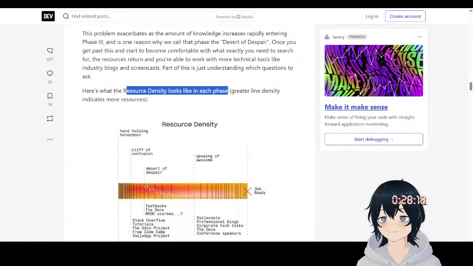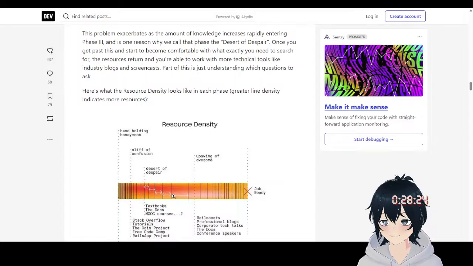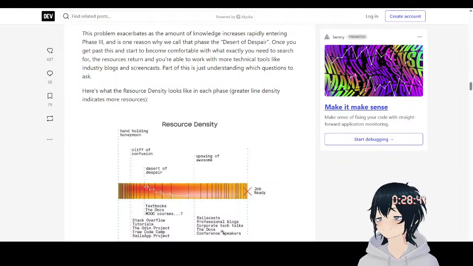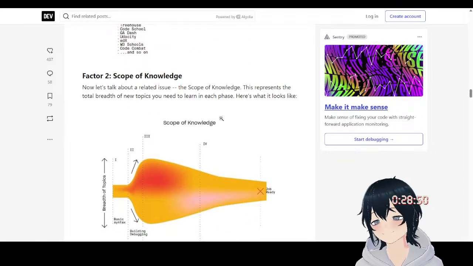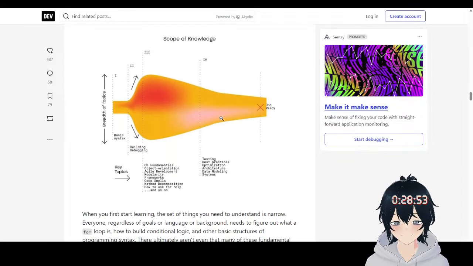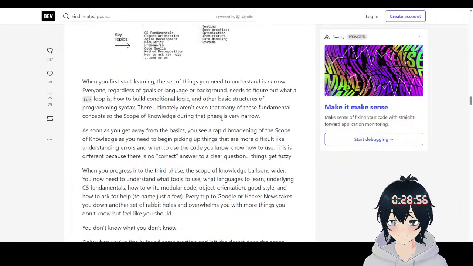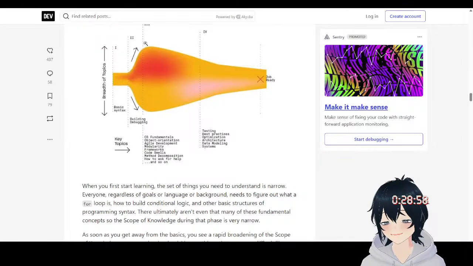That resource density looks like each phase. The greater the line density indicates more resources. Yes. Oh. What's this? How to ask for help and so on. Very nice.